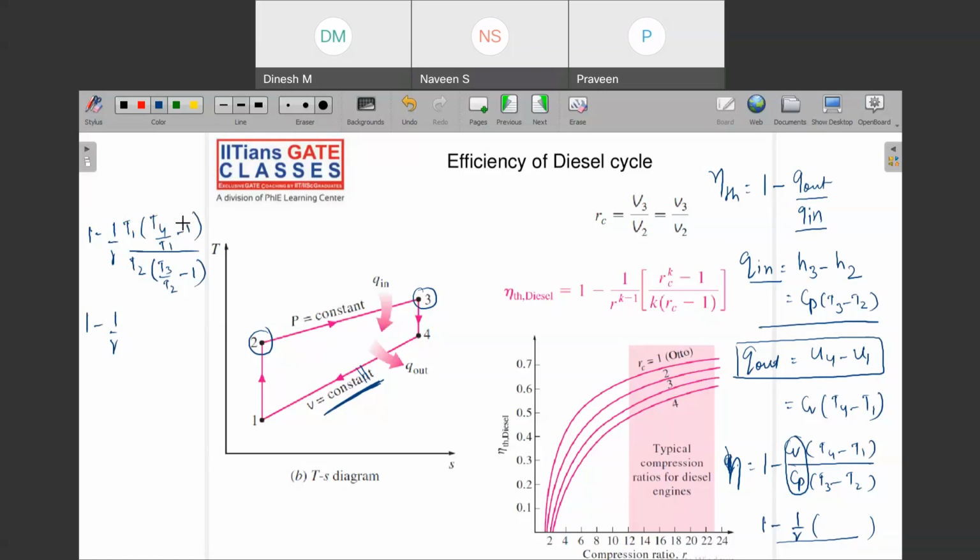These parts are not important, like if I go on finding these ratios, so I am just writing the derived one. This comes out as 1 minus 1 upon r to the power gamma minus 1 into rho to the power gamma minus 1 upon gamma times (rho minus 1). So what I am trying to say is that this is the efficiency of the diesel cycle.